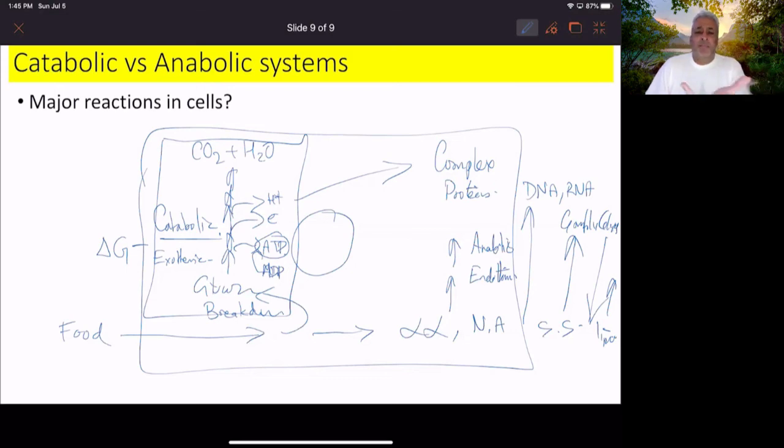And that energy can then be either wasted as heat or used for capture by activated energy carriers, or to directly couple to a biosynthetic reaction, right? A endothermic reaction. And then over here, we have delta Gs that are positive. That means you have to supply energy into the system, and then it will build up.